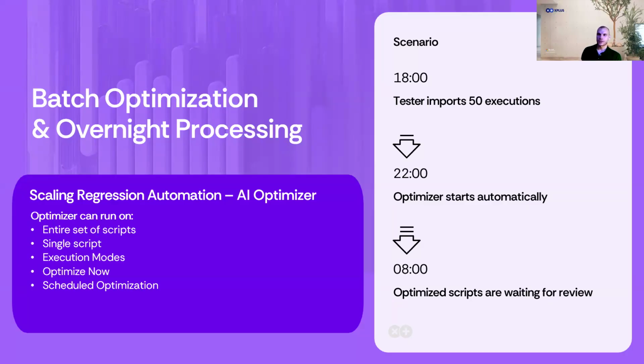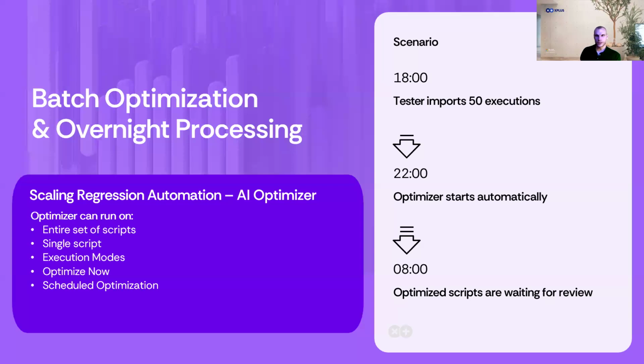So AI Optimizer can do multiple things to make these raw production recordings into real test cases with the correct data, with correct steps and the sequence of steps.